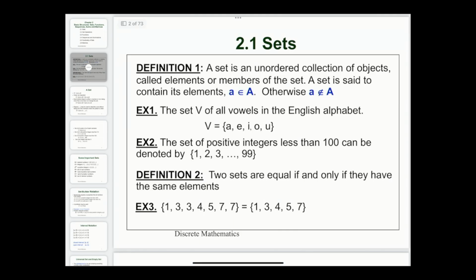We could have duplicate members in the set, but when we count the members or elements in the set, we only count the unique ones. In this example, 1, 3, 3, 4, 5, 7, 7, the members would be just 5 of them.